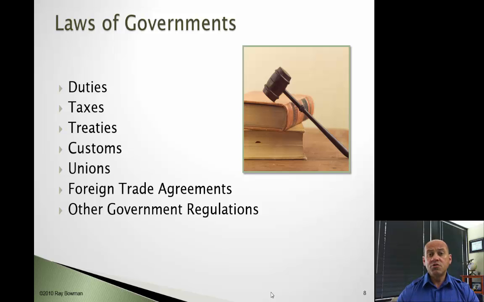Things such as what are the duties and taxes within that foreign country? How do treaties affect your product, to the advantage of your product or to the disadvantage? You may be overlooking a country that has some wonderful foreign trade agreements in favor of a country that you're used to that may not have the same type of advantages.